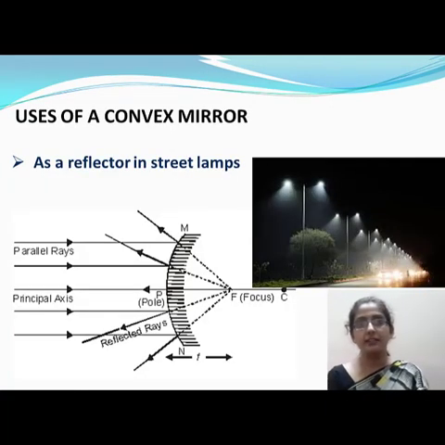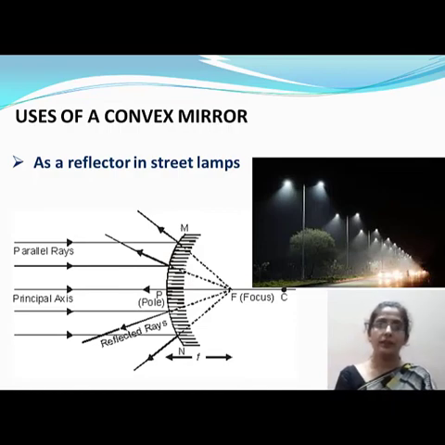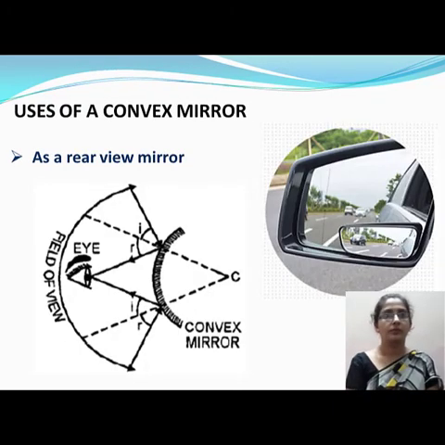Now let's discuss some of the uses of the convex mirror. Convex mirror is used as a reflector on a street lamp. Convex mirror diverges all the light rays falling on it. And in street lamps, we have to cover larger areas of the street. So a convex reflector is used in street lamps.